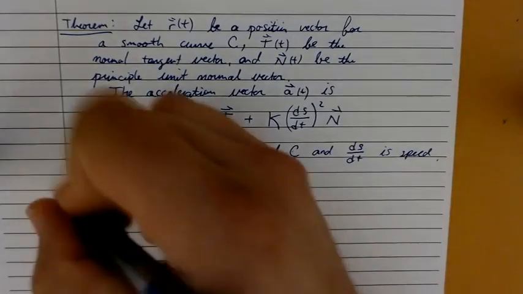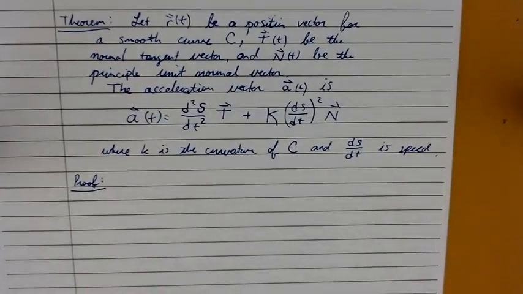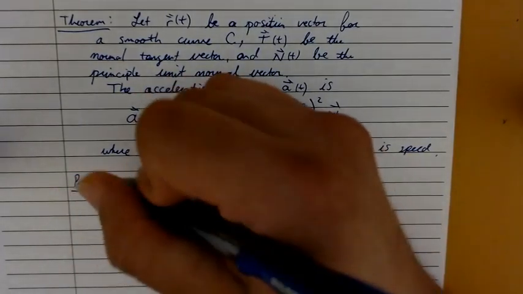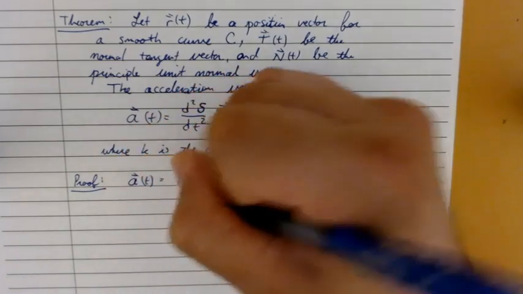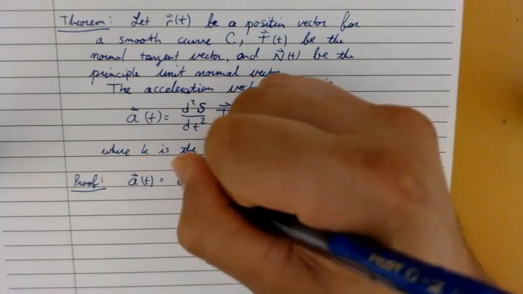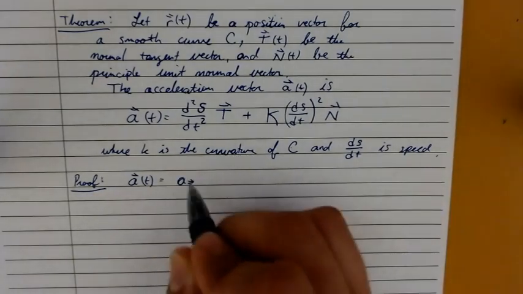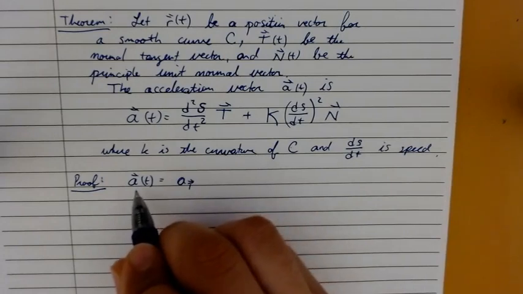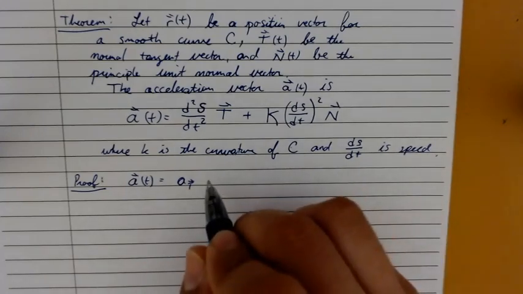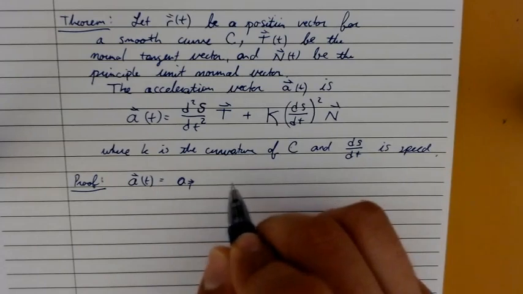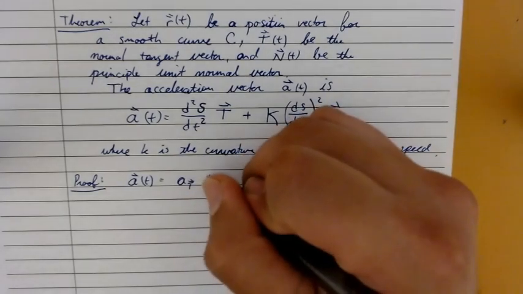All right, so the proof of this. We begin with the result from a previous theorem that states that the acceleration vector exists as a linear combination of the unit tangent vector and the principal unit normal vector, where the coefficients for those are a sub t and a sub n respectively.